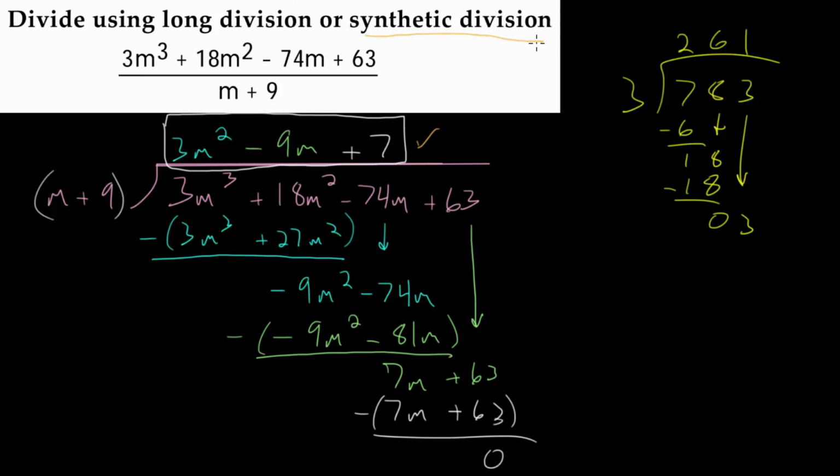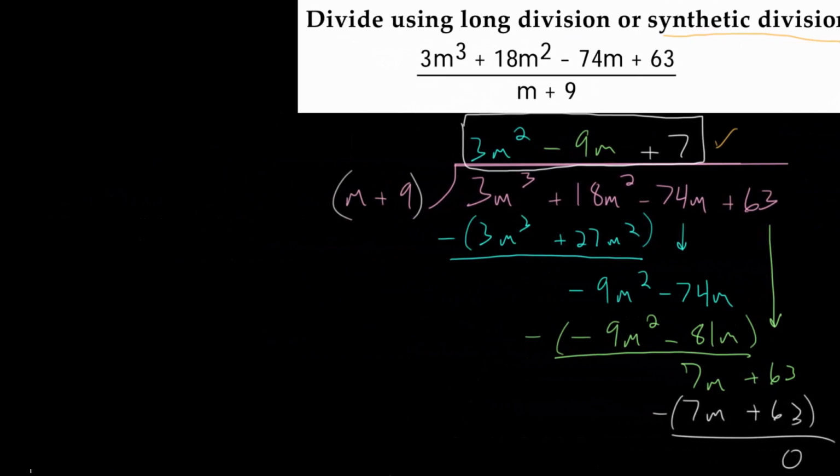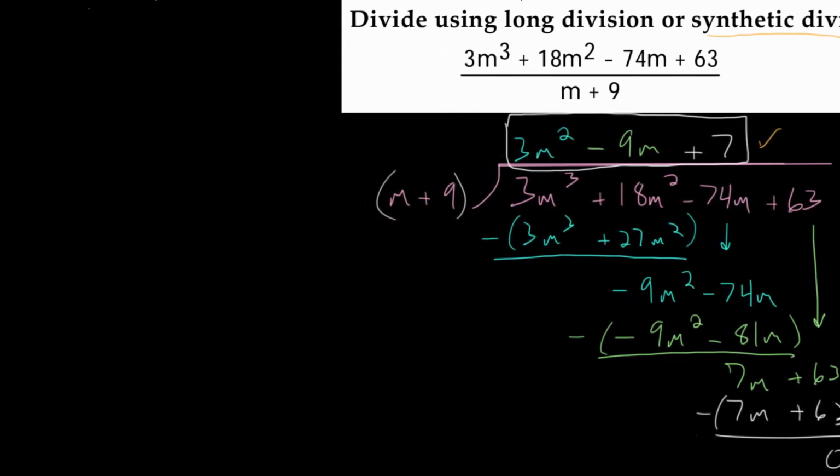Now, considering synthetic division, like I mentioned, it's very similar, but we essentially get rid of all the variables. And the general idea is we have a little box, and in this box we put the number that makes this expression equal 0. So in this case, -9.